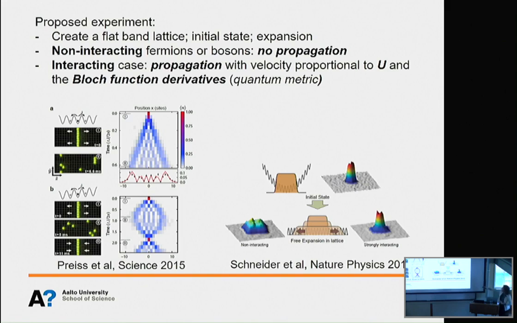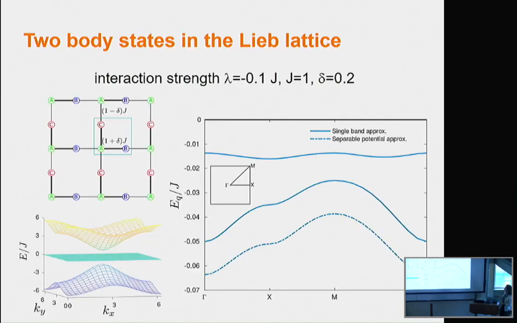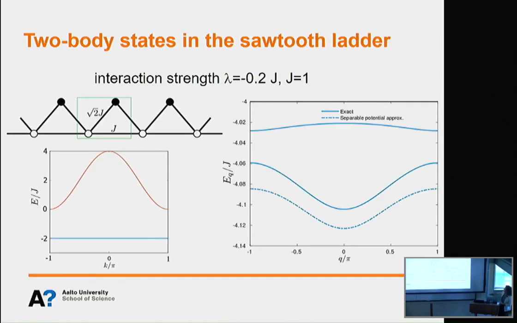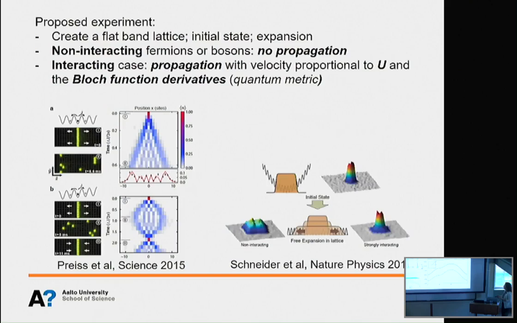It also depends on these Bloch function derivatives, so if you change the type of lattice, it should be different. For temperatures, the scale would be basically the scale of hopping, typically the band gap scale. U should be lower, of the order of hopping, and then the temperature may be a quarter of the hopping or something. It doesn't need to be like 1% or something.